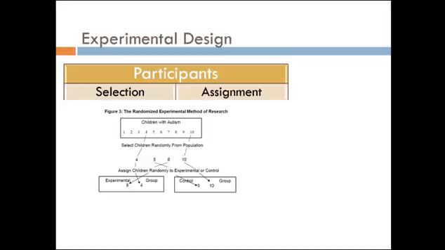From the 10 children who make up our population, this is obviously a small demonstration. So we got 10 people in the population, and we need 4 of them. So we select them. In this example, they were all willing to participate, and so we randomly selected them from the population of willing participants.